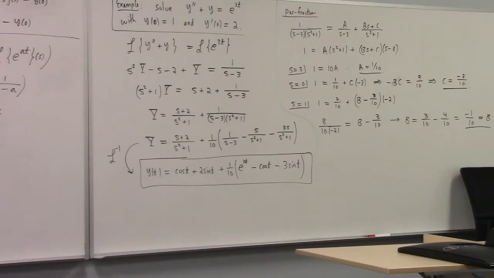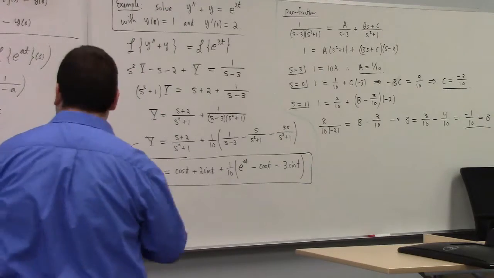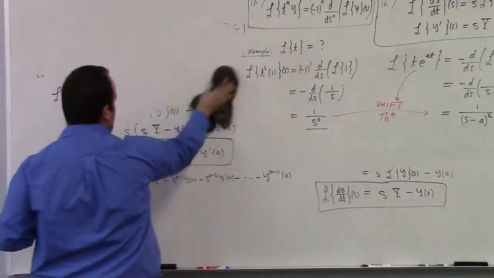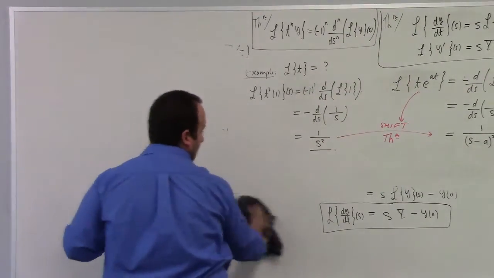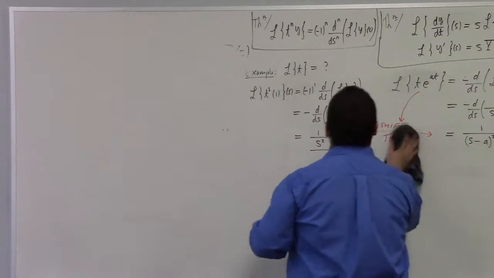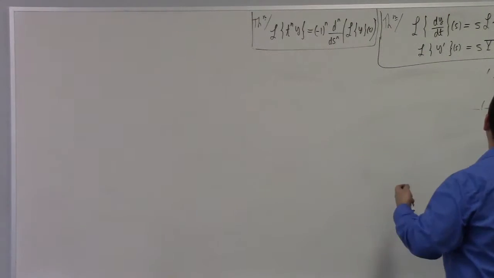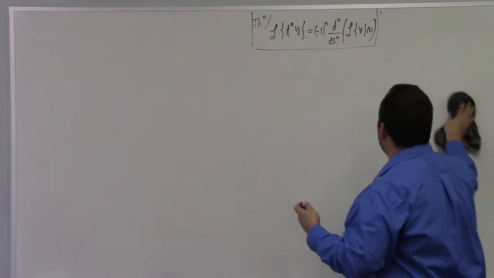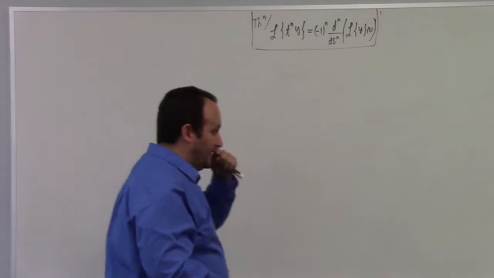Where do the initial conditions get wrapped into it? How does that happen?